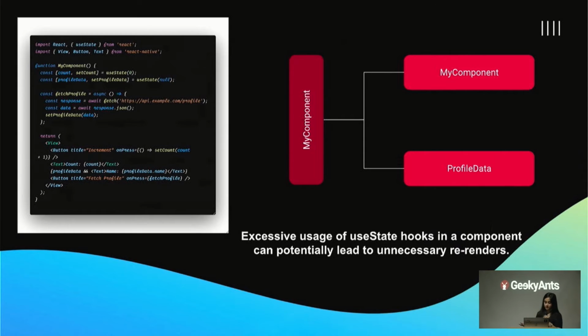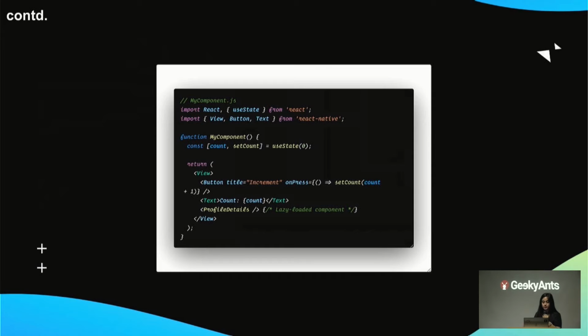By code splitting. Here I have two of the states, that is count and profile data. I'll be splitting it into my component and profile data. We can see over here that I've split the count into a separate component, and now I'm loading the profile data over here, wherein any changes that are being made in the profile details won't be affecting this component.